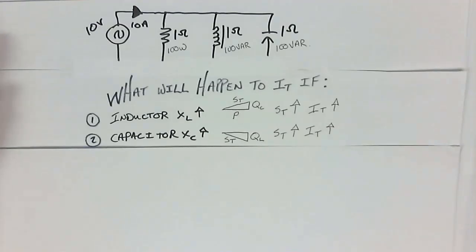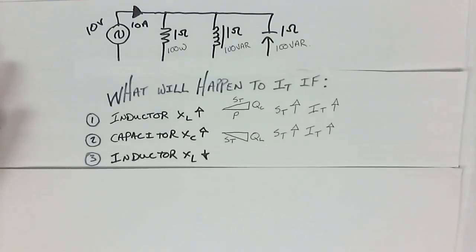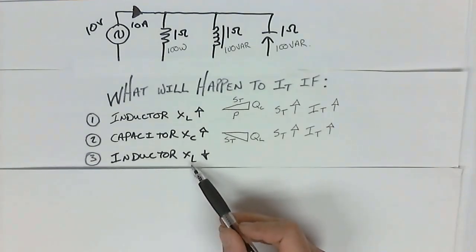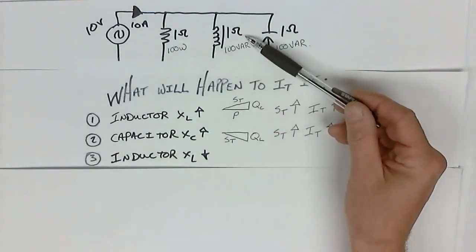Okay, well, let's look at the next item. What about if we decrease the XL? Are we going to get a current that's smaller than 10 amps? Well, if you decrease XL, then that means that the current would go up. And what would happen to the VARs of this?